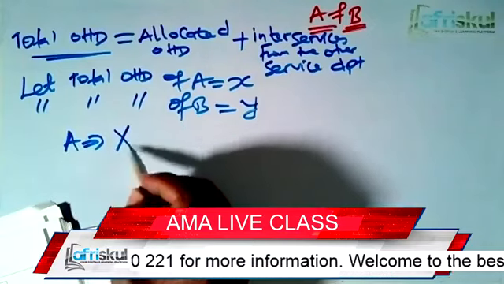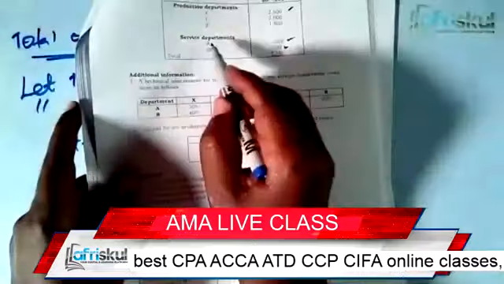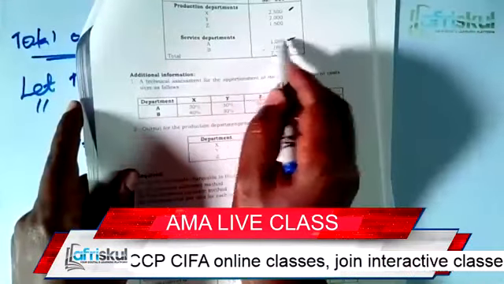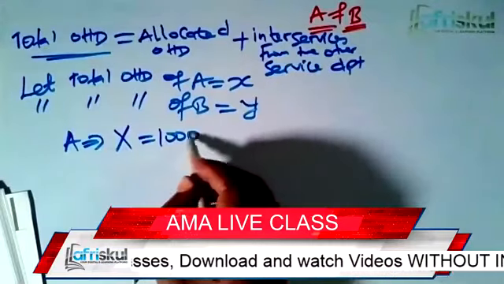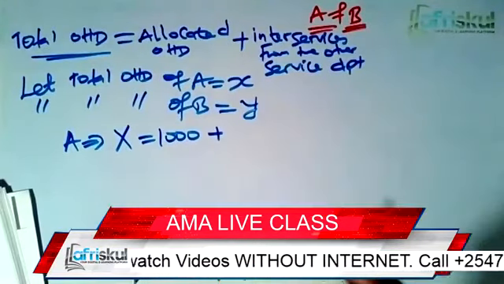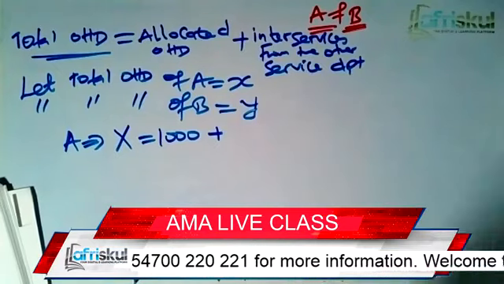Total overhead is X, which will be equal to the allocated overhead. You can see the overhead that has been allocated is 1,000. So allocated overhead is 1,000 plus the inter-service from the other service department.